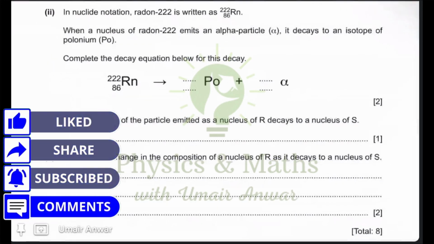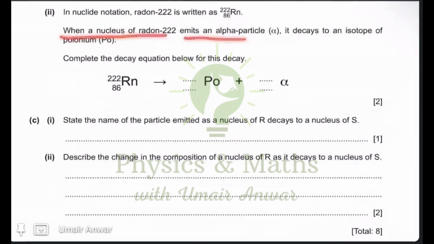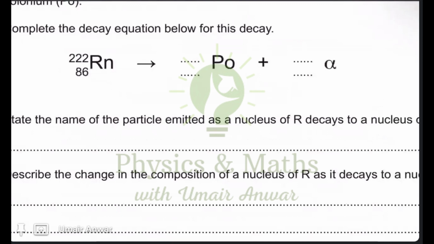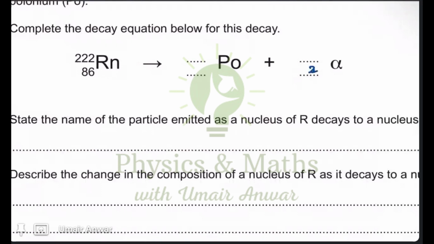In nuclei notation, radon 222 is written like this. When a nucleus of radon emits an alpha particle, it decays to an isotope of polonium, Po. Complete the decay equation. So for the alpha, the details are it has a proton number of 2 and nucleon number of 4.